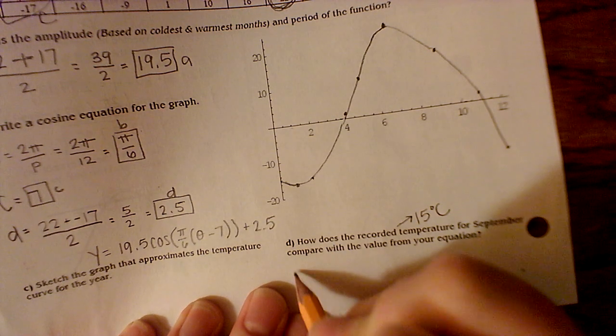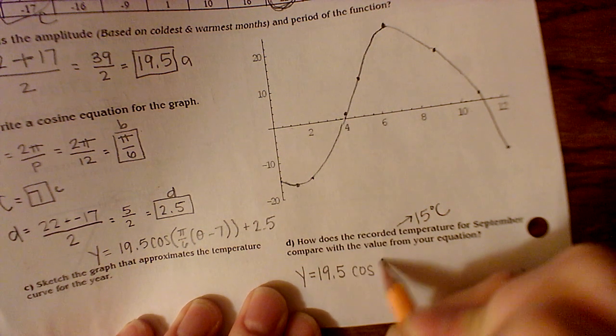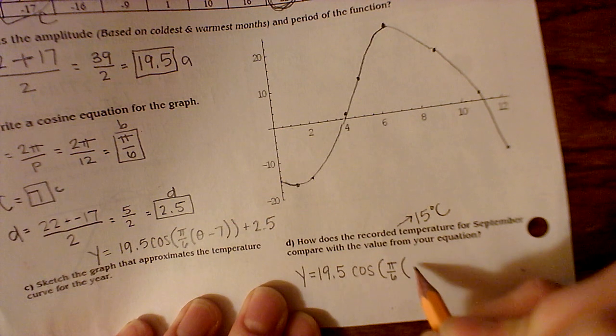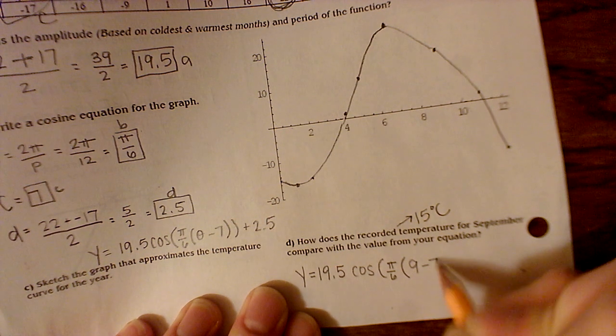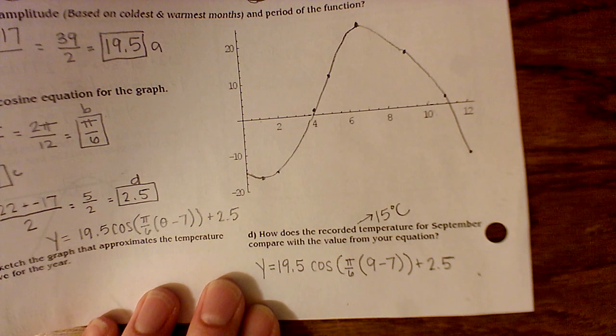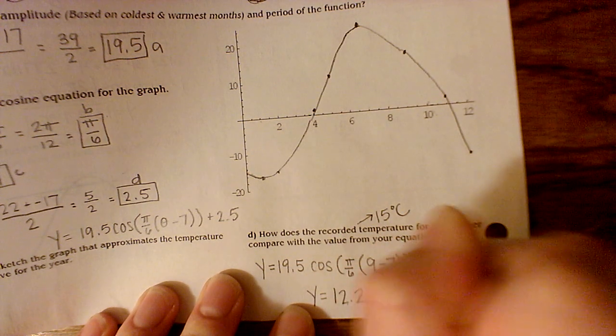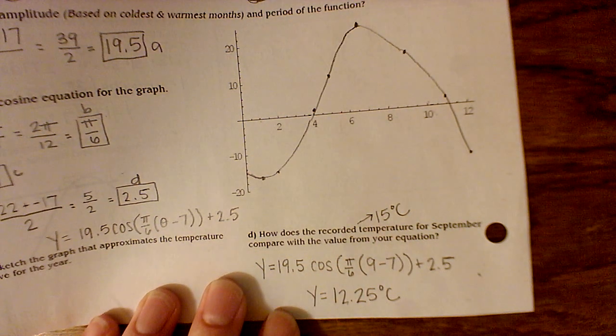So we would say y equals 19.5 cosine pi over 6, and then we're going to put 9 here, minus 7, plus 2.5. We should get y equals 12.25 degrees Celsius.